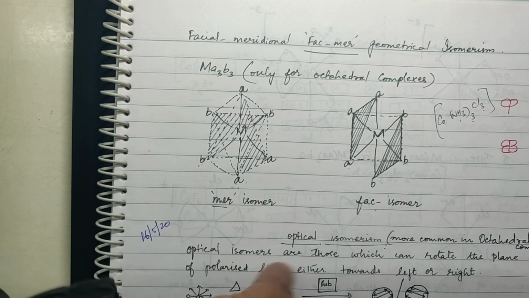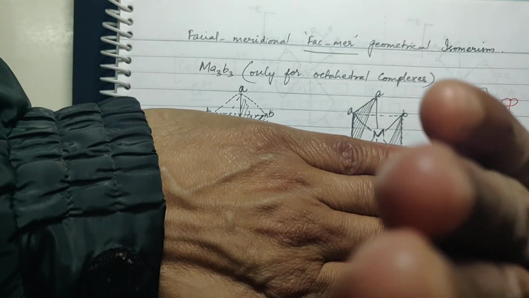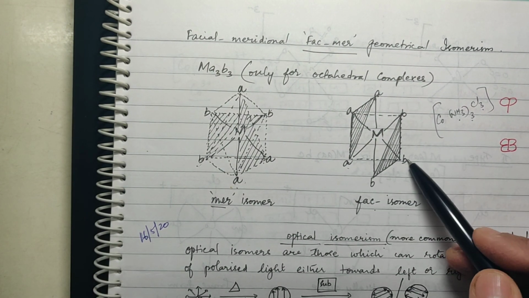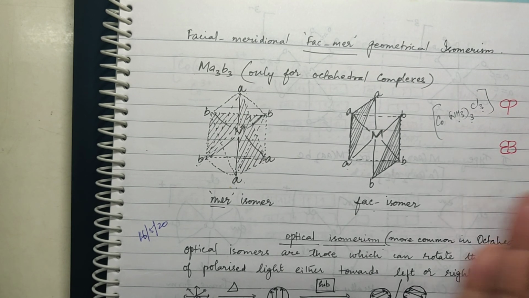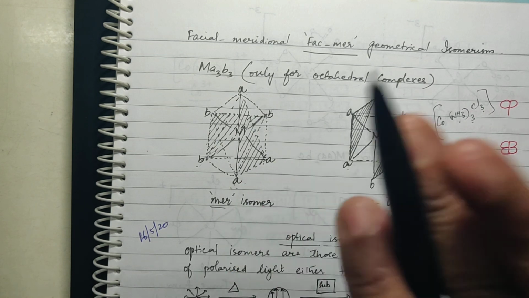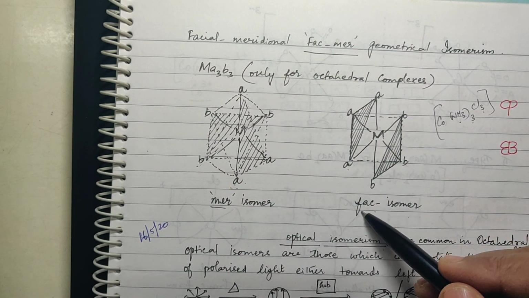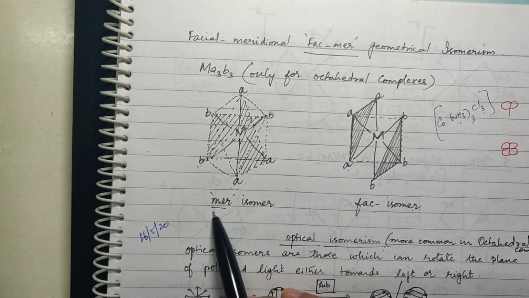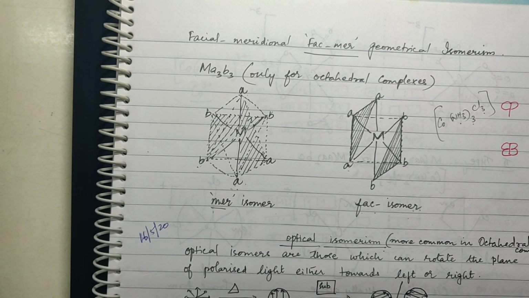It is something like you are having like this, and it is attached like this, right? So that is the FAC isomer. Same way B, B, B. This is attached to the bottom, and this is attached at the top. So this is called the facial isomer or FAC isomer, and this is called the MER isomer.